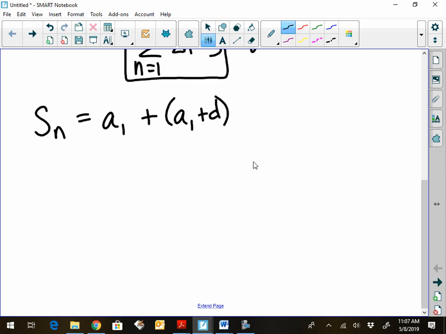And then we add it to our third term, so a sub 1 plus 2 differences. We're going to add this all the way until we add a sub n, whatever a sub n is. So we could have a series with 100 different digits, and this would qualify all of them. So that ... usually means like everything in between.